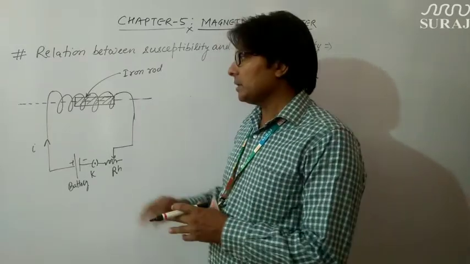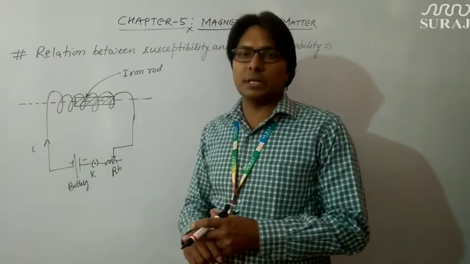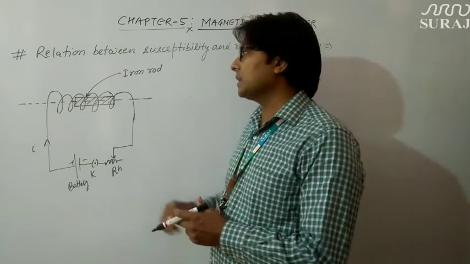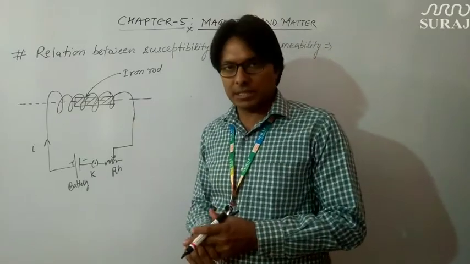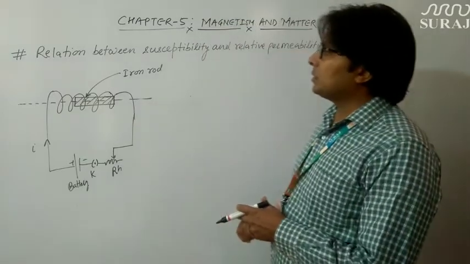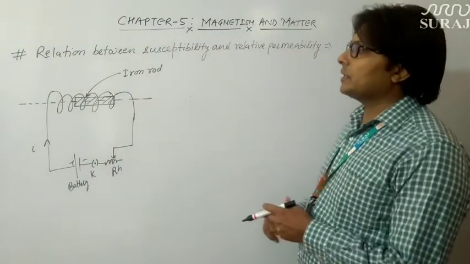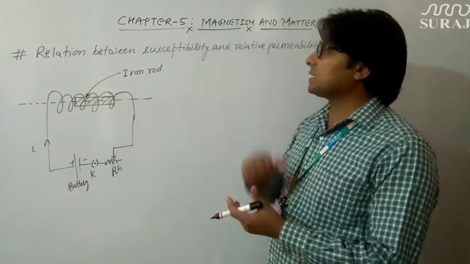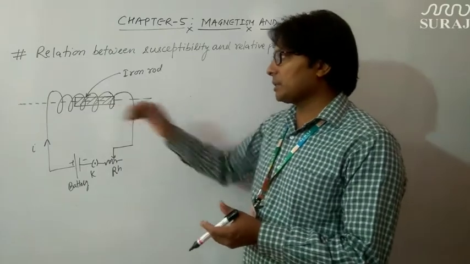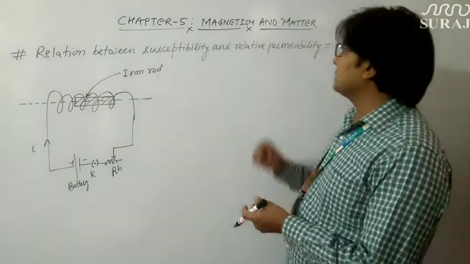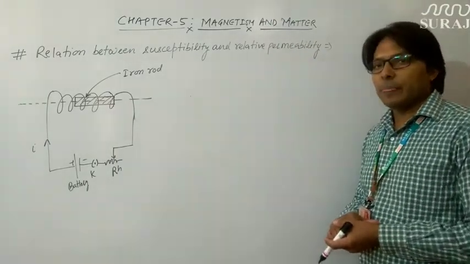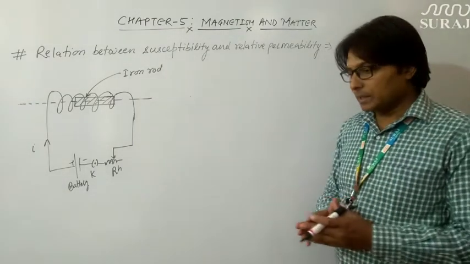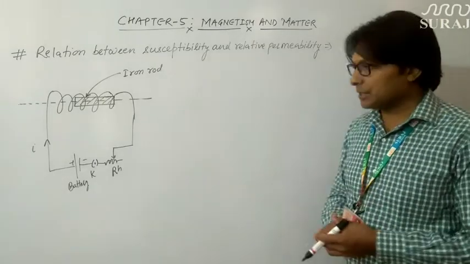Thereafter, on increasing this current, there will be no further increment in the intensity of magnetization. First, we are going to discuss how the magnetic susceptibility of this iron rod and the relative permeability of the iron rod are related to each other.